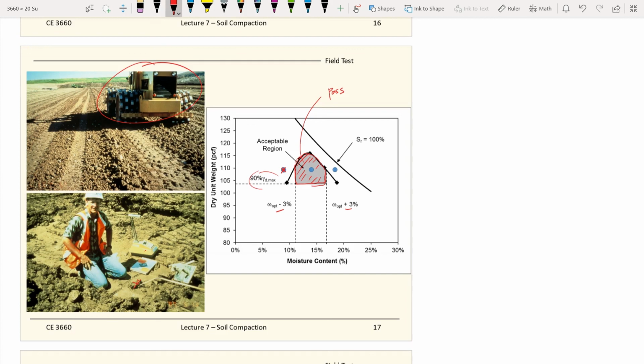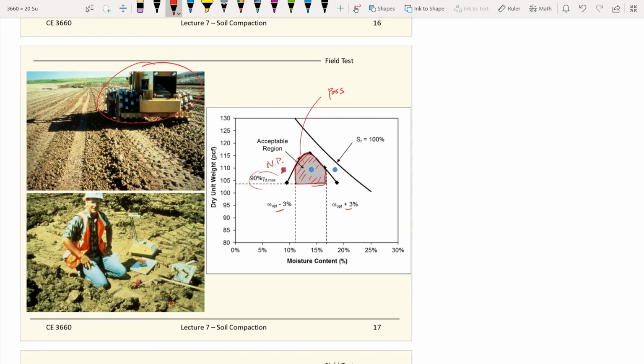This is a device we'll talk a little more about in the next slide, but it takes just 1 minute. It can tell you the density and also the water content, so you can tell right away where you're at on a compaction curve. If you're here, that means it's not pass. But if you're inside the box, inside the gray area, then this is pass.